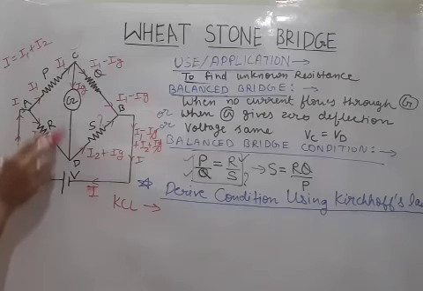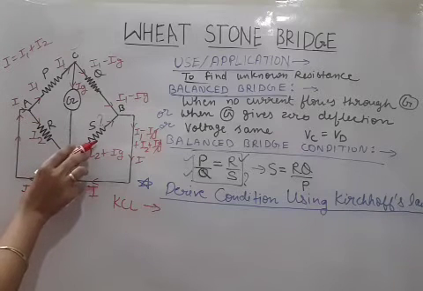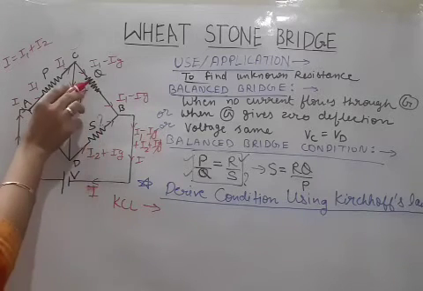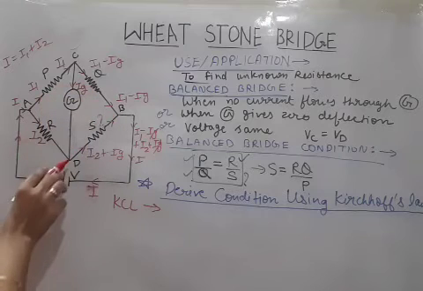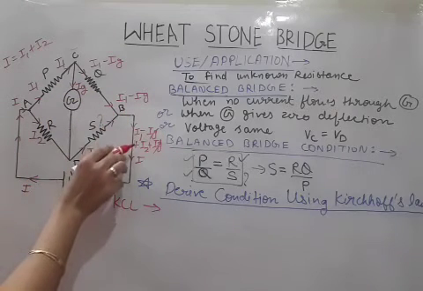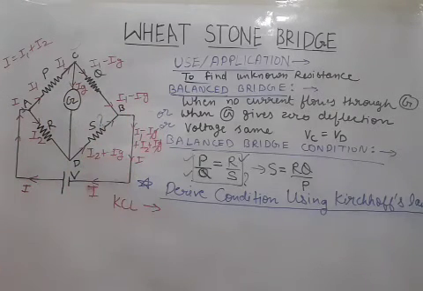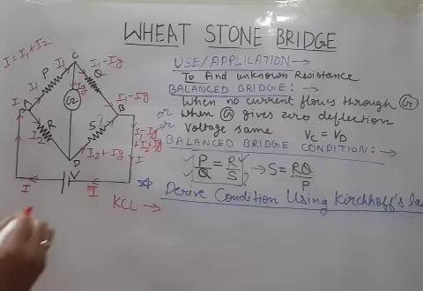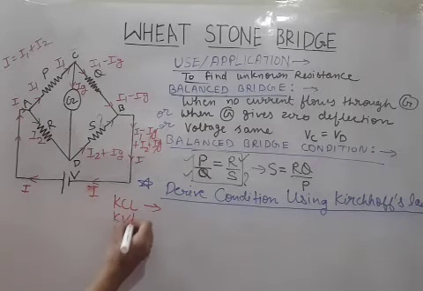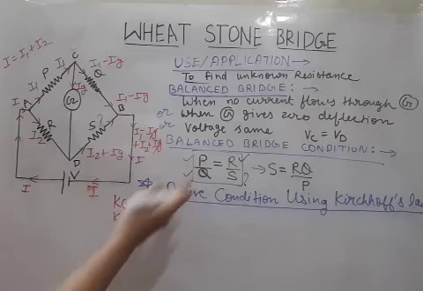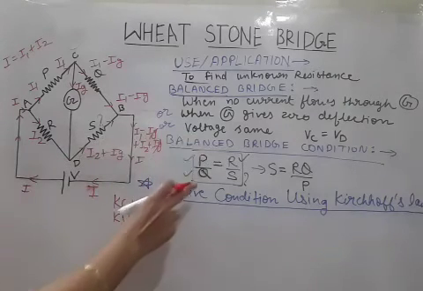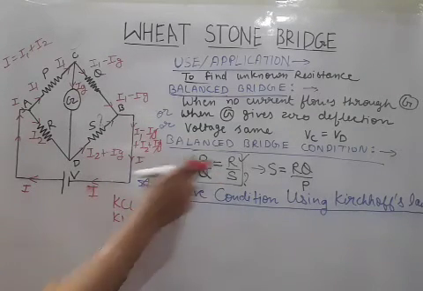Then I2 and Ig are added, so I2 plus Ig. Then I1 minus Ig and I2 plus Ig both enter and add, finally making current I. After that, our target is to apply KVL so that we can get this equation.